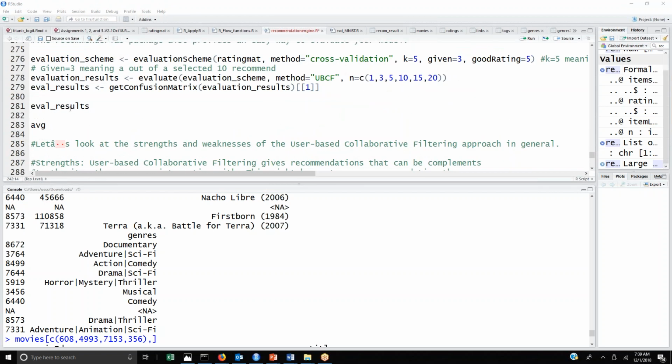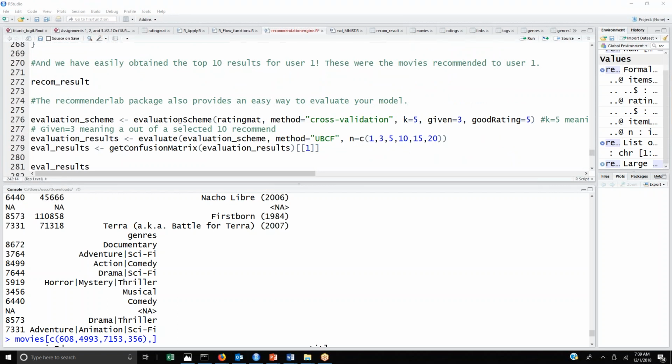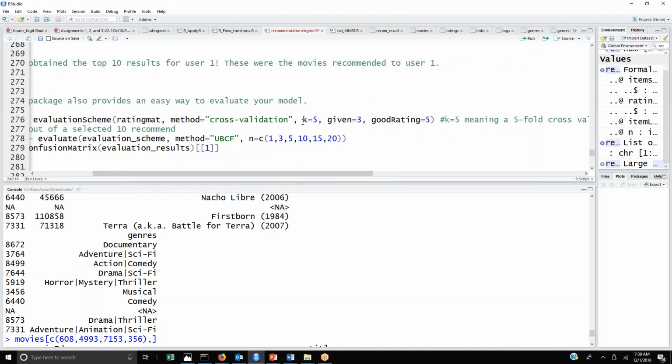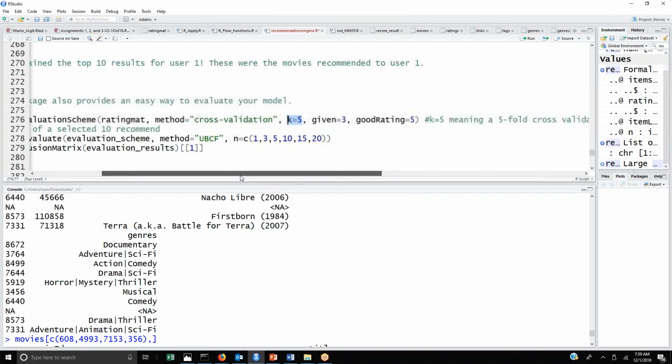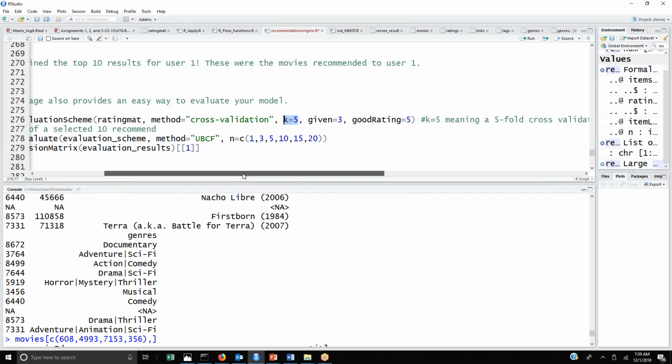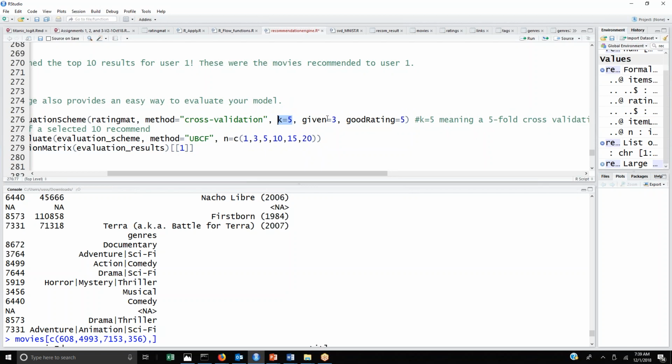You see this: evaluation scheme, rating matrix, method, cross validation. And there are some things you have to input as parameters. K is equal to 5; this is the number of folds, meaning how many divisions you are going to make. And given 3: in order to predict and check the accuracy, you need to set aside samples which you don't use.